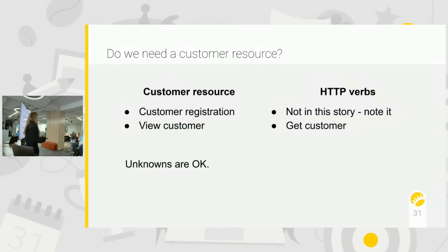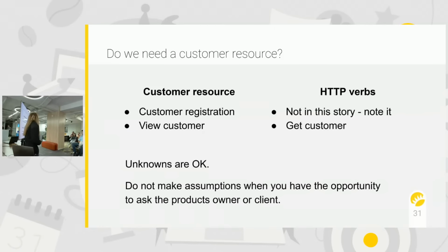In this process, I want to say unknowns are okay, uncertainties are okay, and the best way is to not make assumptions by ourselves when we can have a chance to discuss it with client, product manager, product owner, project manager.